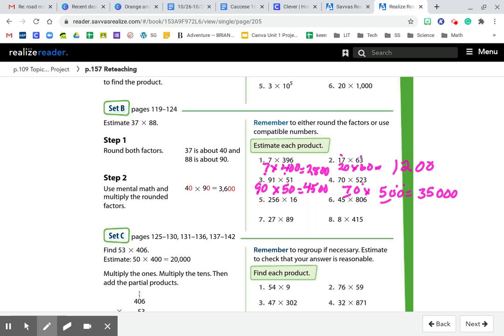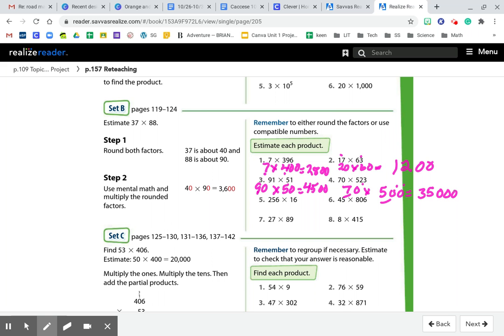So 35,000. For number 5, I have 256 times 16. Now, if I round up 256 times 30, or to 300, that is going to be rounding it up a lot. So I know I'm going to have an overestimate on this one, which is fine.